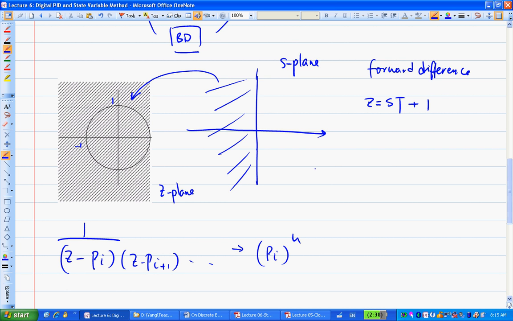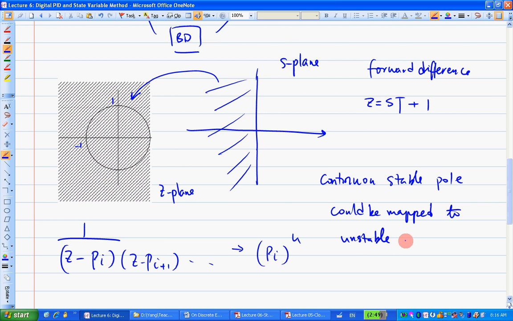So basically, when you have a continuous stable pole, it could be mapped to an unstable pole in the Z plane. I'll show you an example.